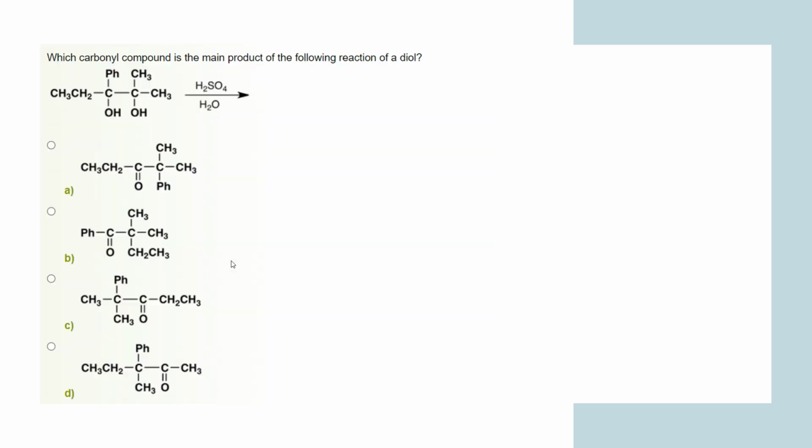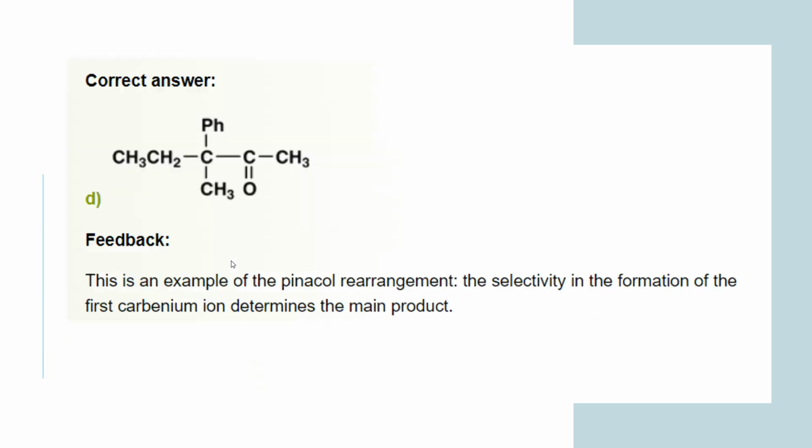Then we again saw this second pinacol-pinacolone rearrangement, and by going through the reaction mechanism step by step, we saw that option D formed as the major product in this reaction. First of all, we formed the most stable carbocation in this reaction.